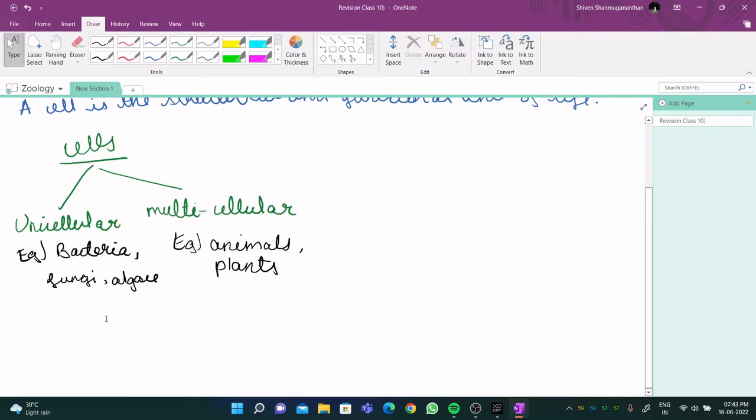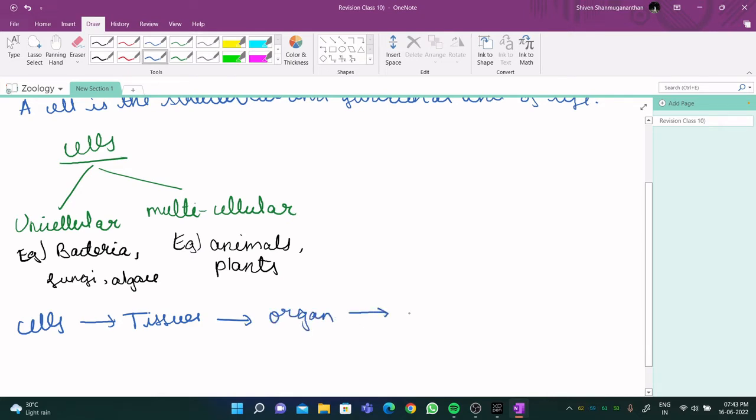Now let's move on to the different types. A combination of cells gives you tissues. A combination of tissues gives you an organ.